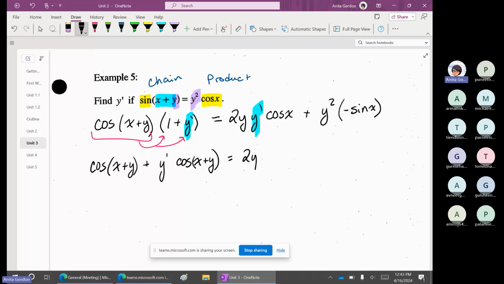Let's say 2y y prime cos x minus y squared sine x. Just makes it a little bit tidier.